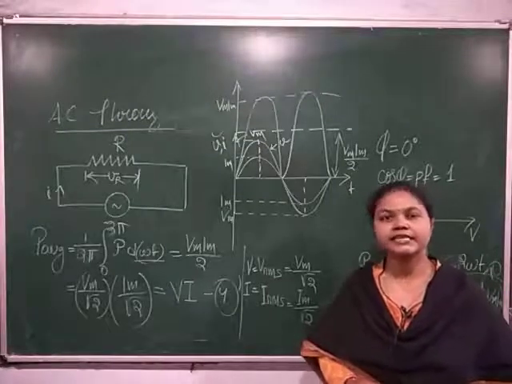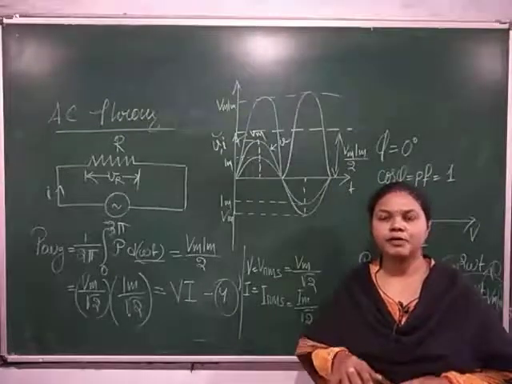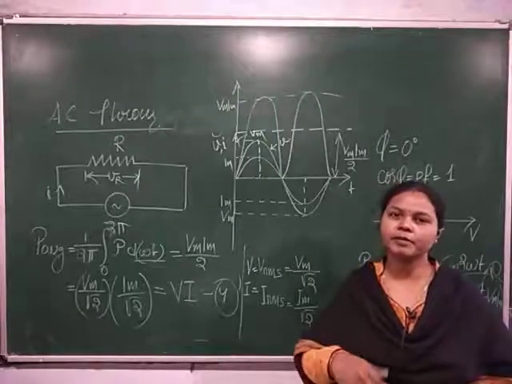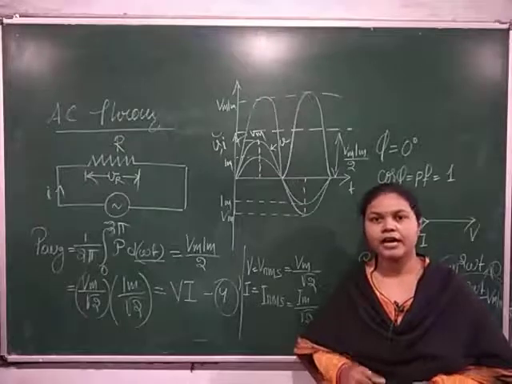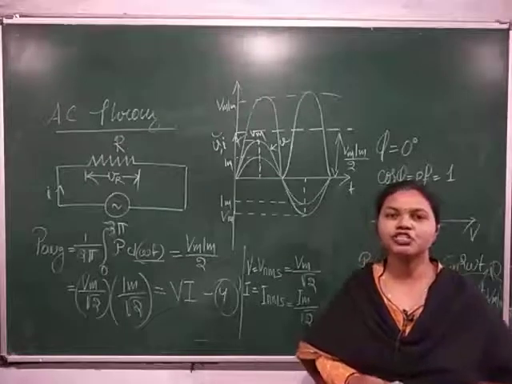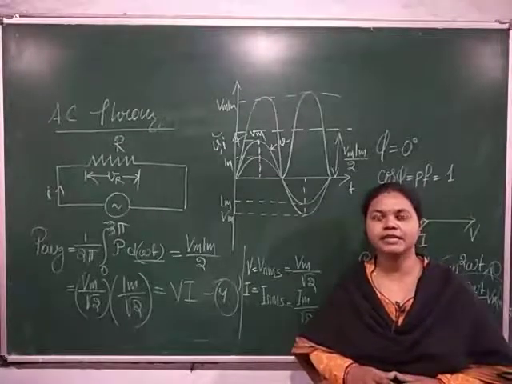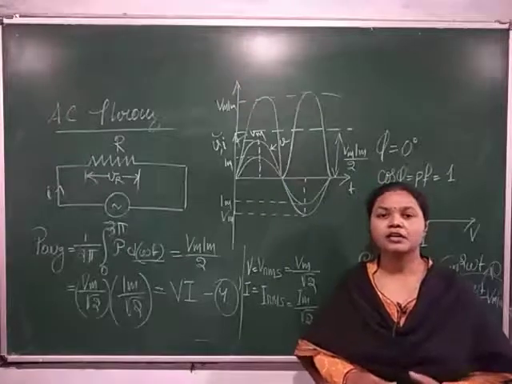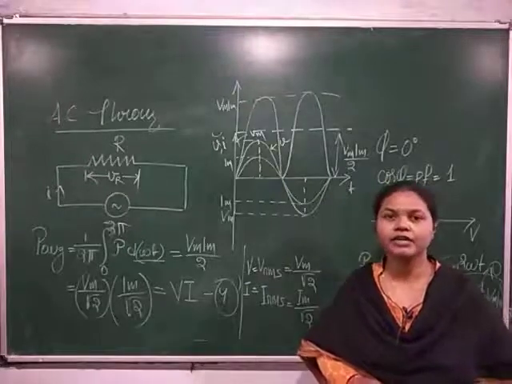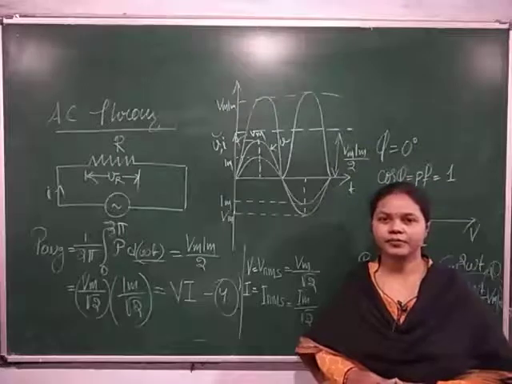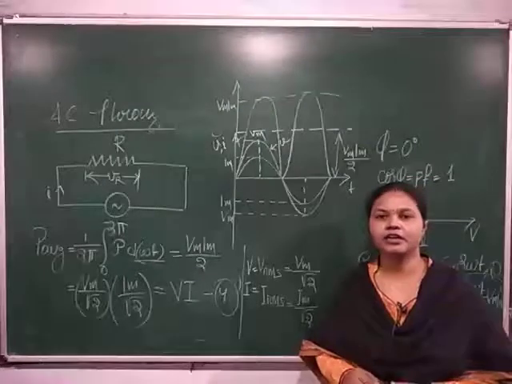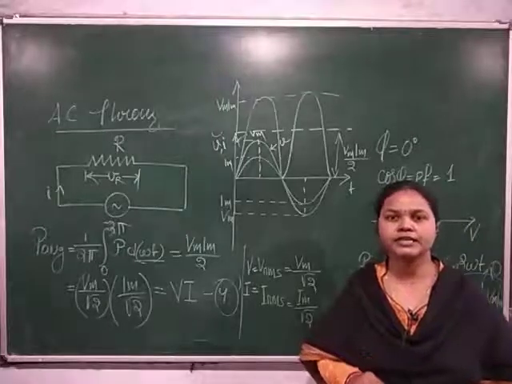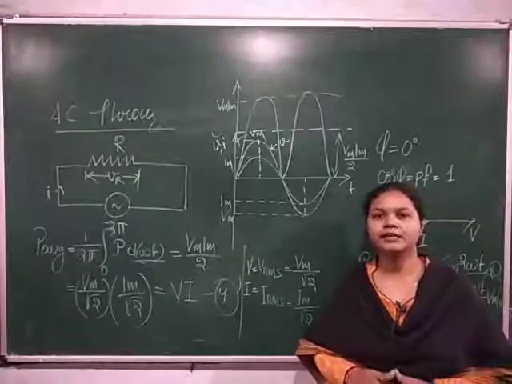The second thing is that the frequency of power is double the frequency of the voltage and current waveform. And the average power consumed by a purely resistive circuit is the product of the RMS values of voltage and current. This conclusion you have got after the study of AC supply through a purely resistive circuit.